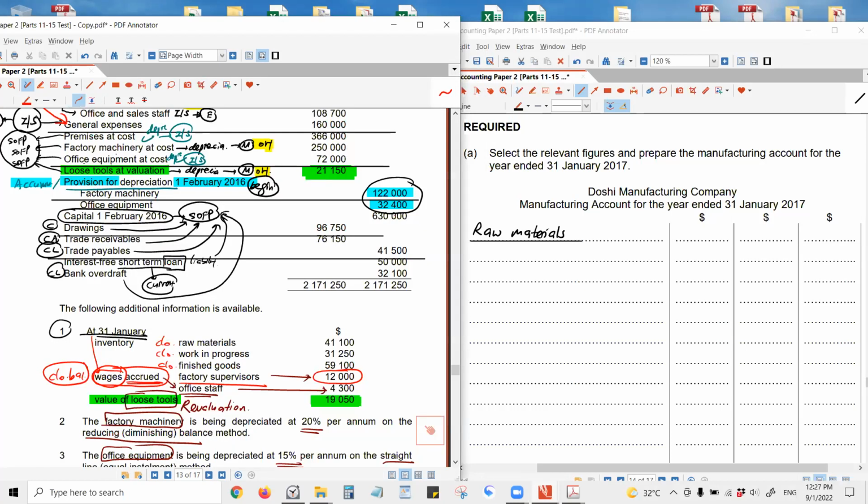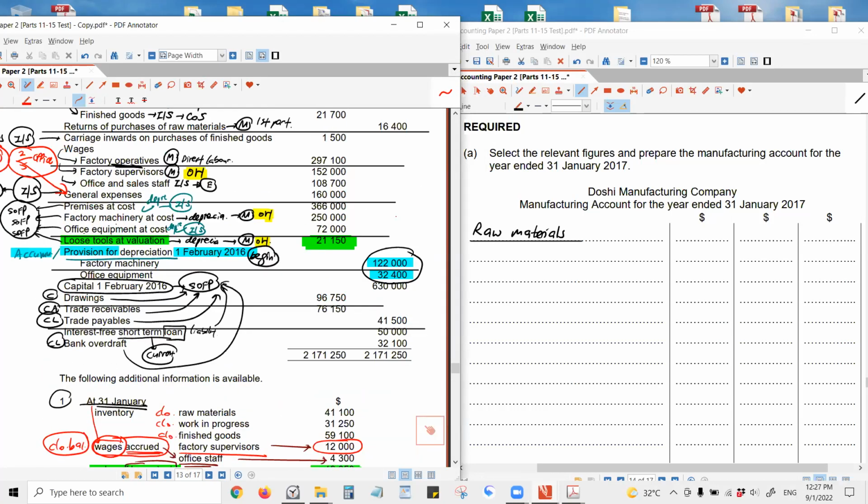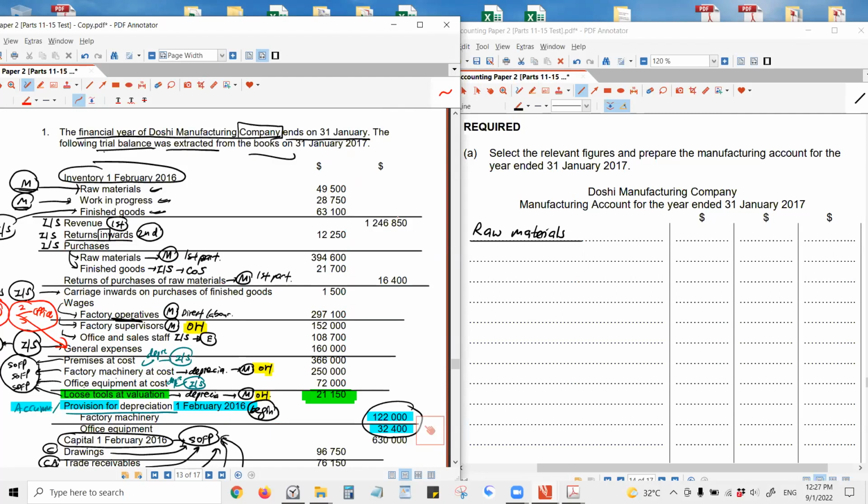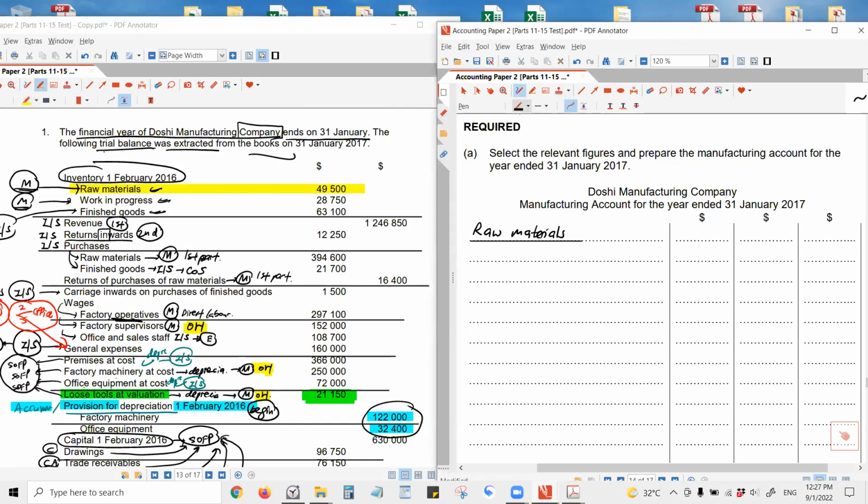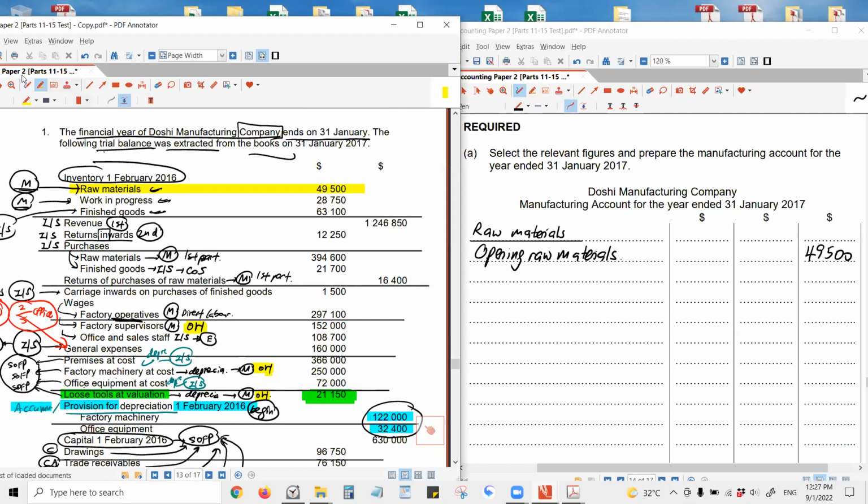You have opening raw material or not? Yes, there is. 49500. Can see? 49500 opening raw material. So beginning with that figure, you write 49500. Once you have used it, you remove it.